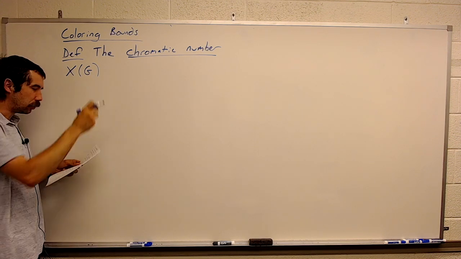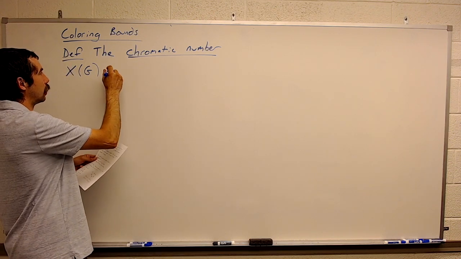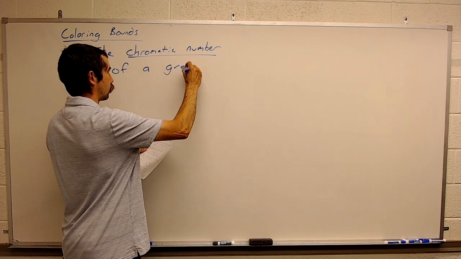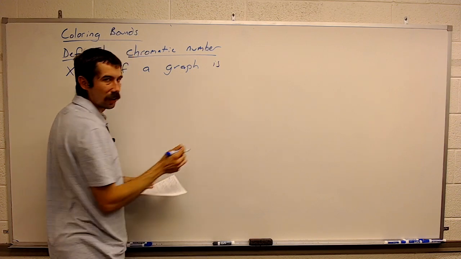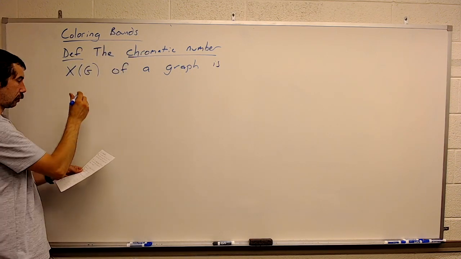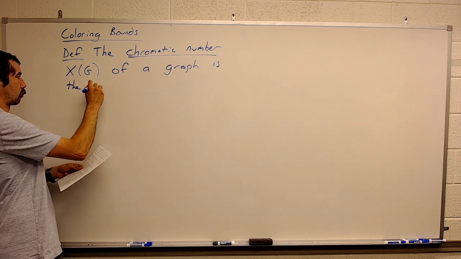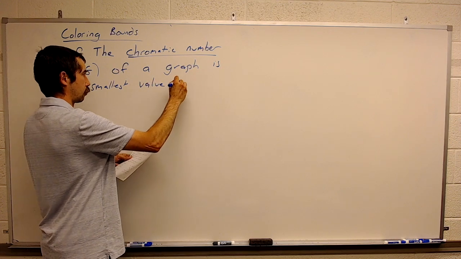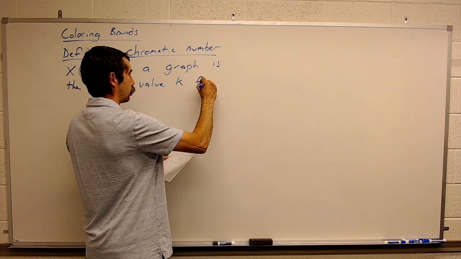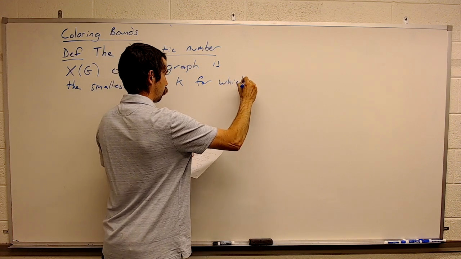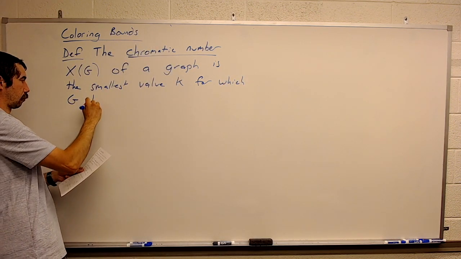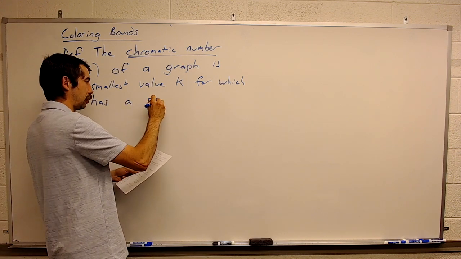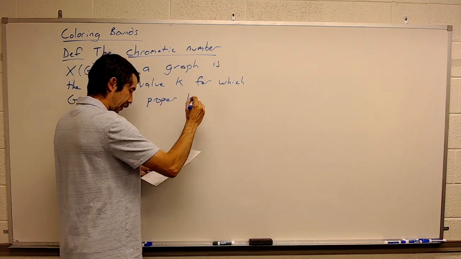So chi of G, the chromatic number of a graph, is the smallest value of k for which G has a proper k-coloring.